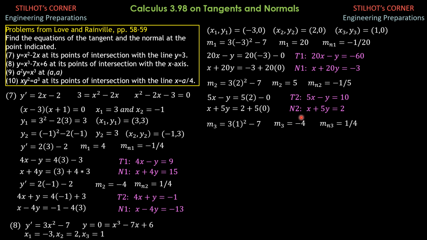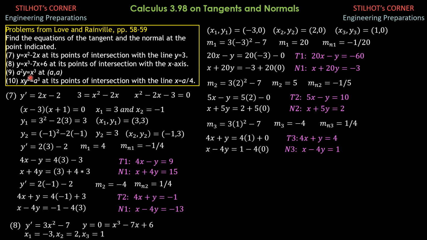So for the third tangent, 4x plus y equals 4 times 1 plus 0, which is 4x plus y equals 4. That's the third tangent. And for the third normal, x minus 4y equals 1 minus 4 times 0. And therefore, it is x minus 4y equals 1, rather. So that's for problem 8.